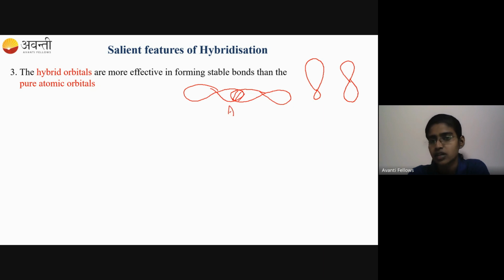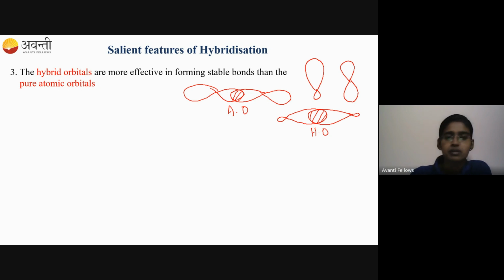But for hybridized orbitals, this is the shape of one hybridized orbital and this is the shape of the second. And here you see the overlapping area will be more in case of hybridized orbitals because one lobe is bigger than the other, right? Since the overlapping area is more, the strength of the bond will be more. So hybrid orbitals are more effective in forming stable bonds than the pure atomic orbitals.